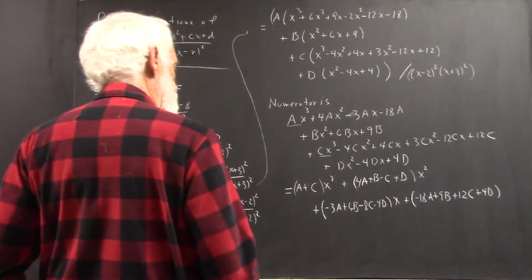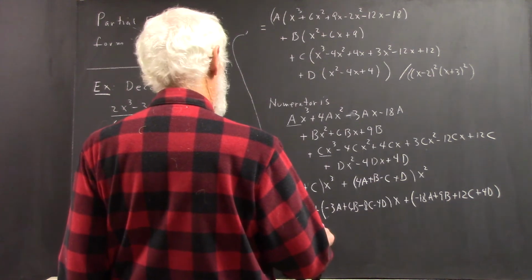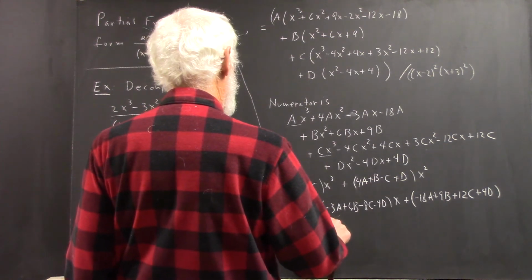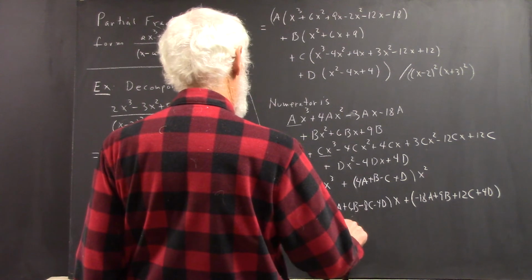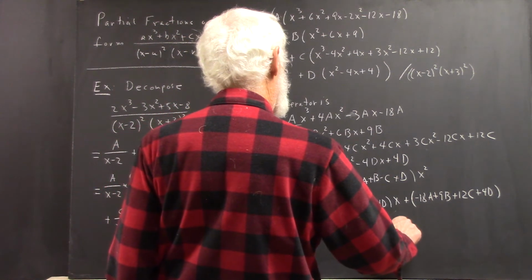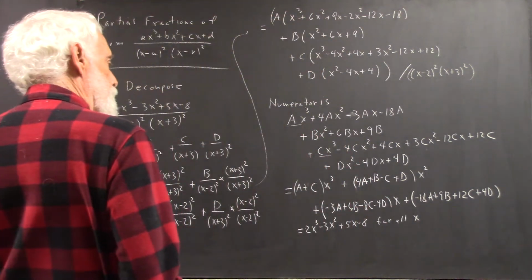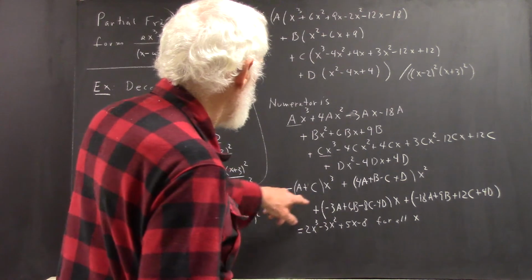So we're going to have, okay, well that has to equal 2x cubed minus 3x squared plus 5x minus 8 for all values of x. Okay.